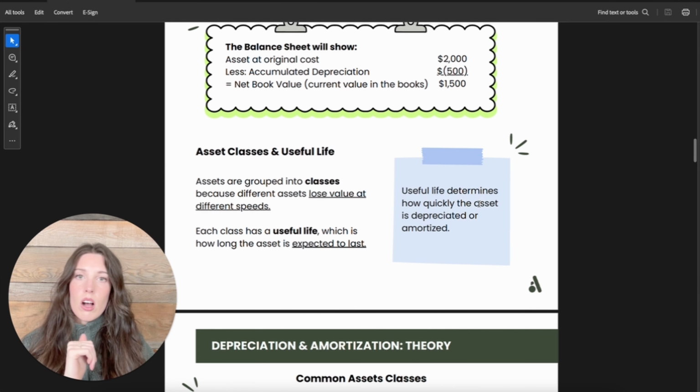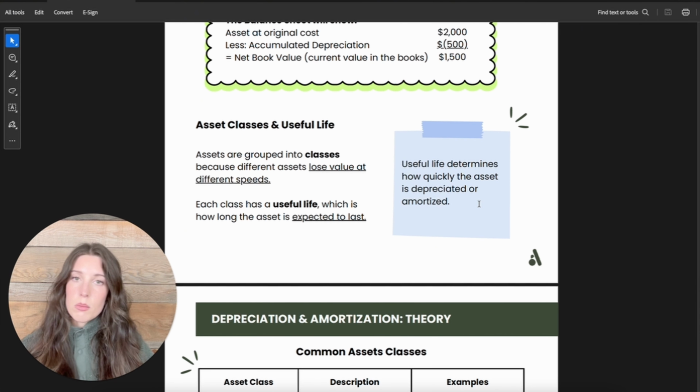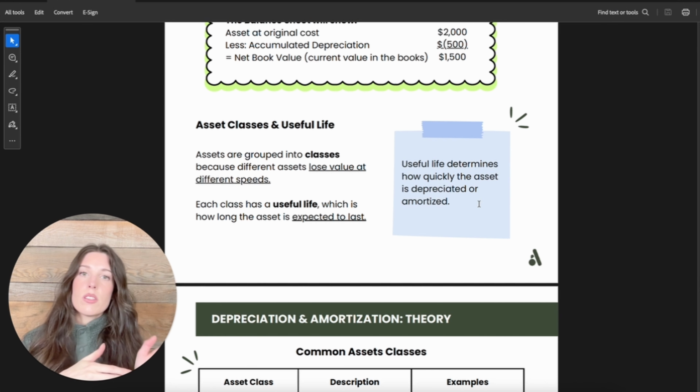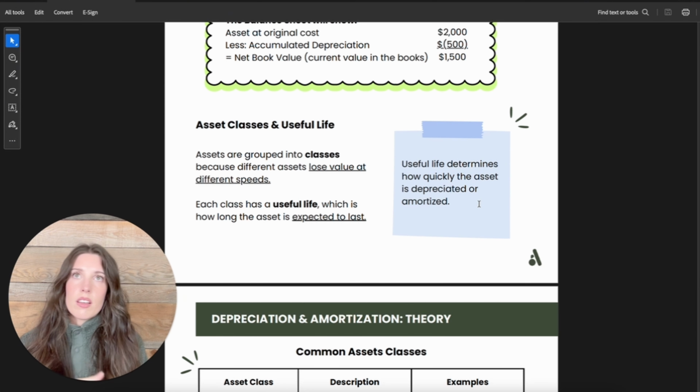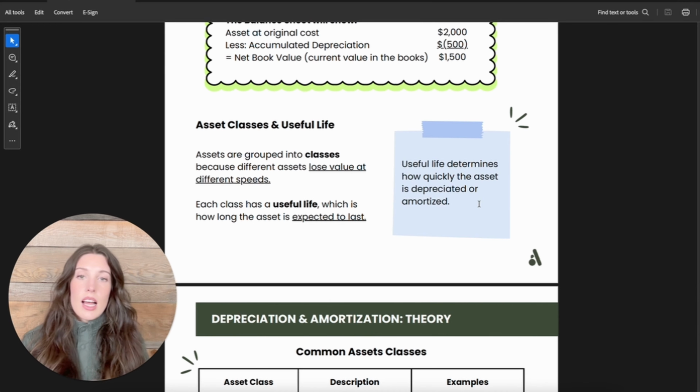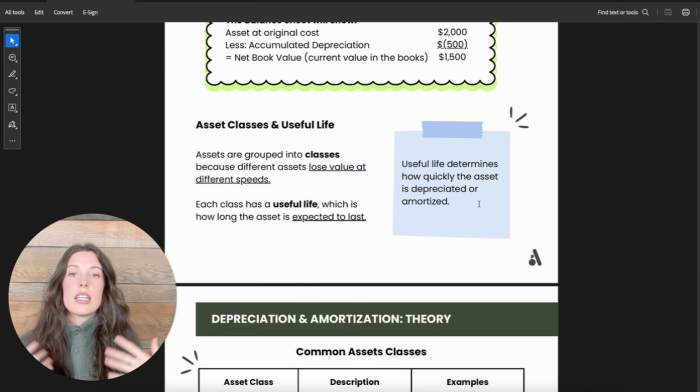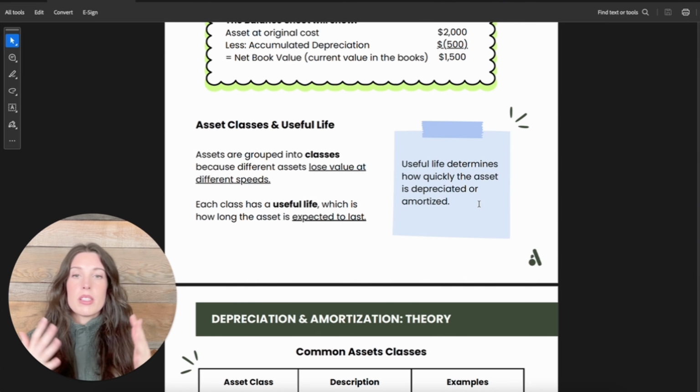Now, assets are grouped into classes because different types of assets lose value at different speeds. Something like a laptop would lose its value a lot faster than a house. Each of these classes has an expected useful life, so basically, how long should it last? The useful life determines how quickly depreciation is recorded.